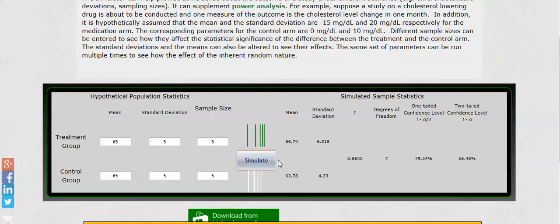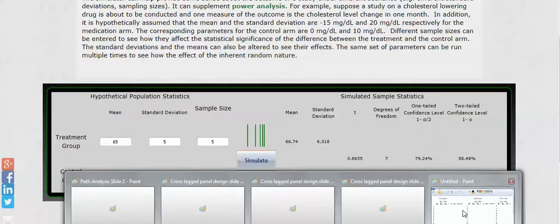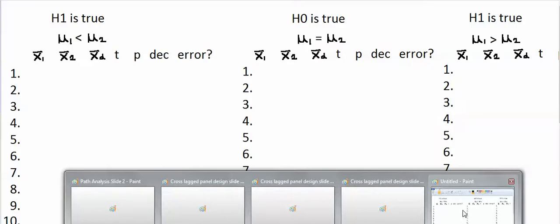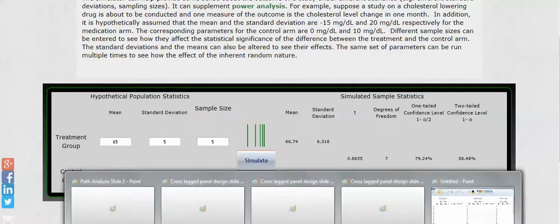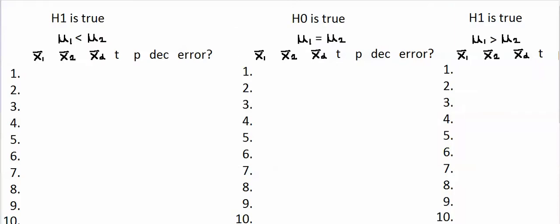What I want you to do is, first, go to this other sheet that I'm giving you, and under H0 is true, put your first outcome. It's a mean of 66.74 for sample 1.